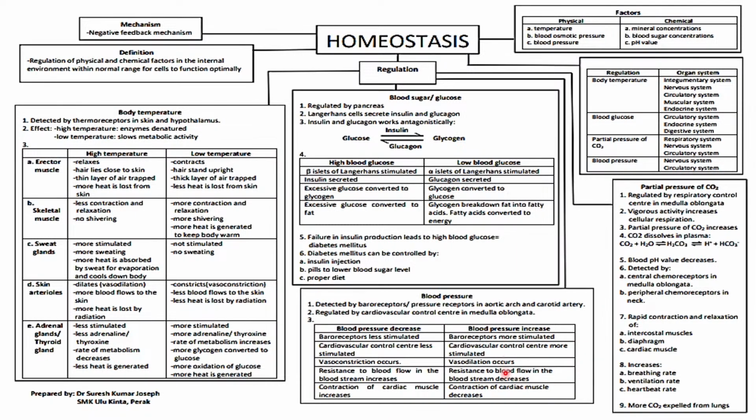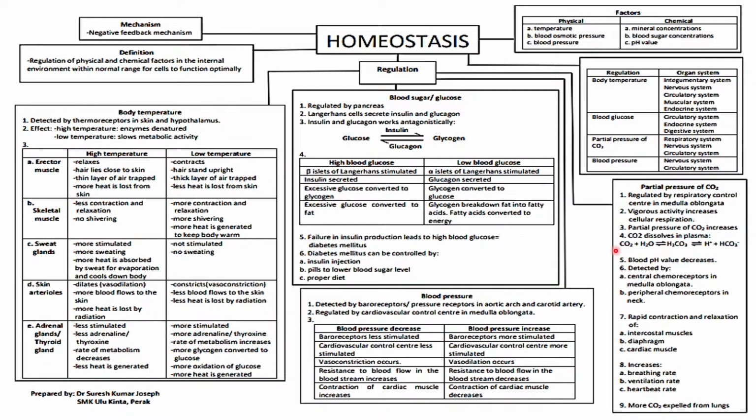Okay. Last one we're going to focus on is the partial pressure of carbon dioxide. This is regulated by the respiratory control center in the medulla oblongata. So, vigorous activity increases the cellular respiration, obviously, right? So, when you do vigorous activity, the partial pressure of carbon dioxide will also increase.